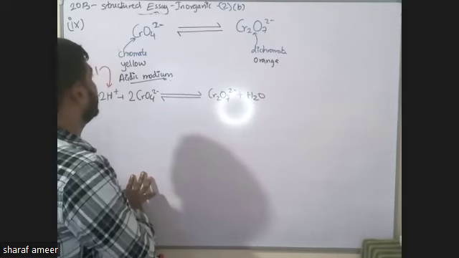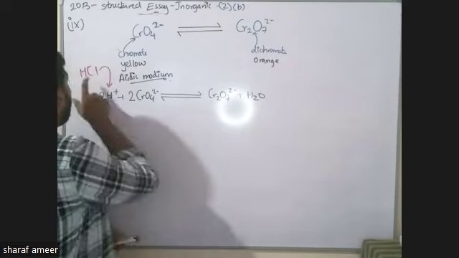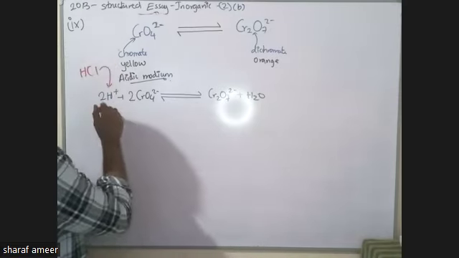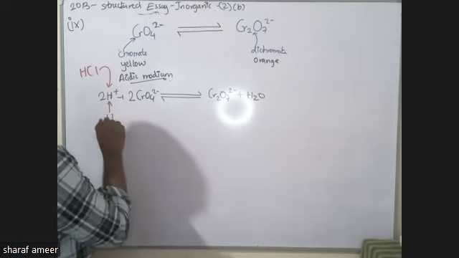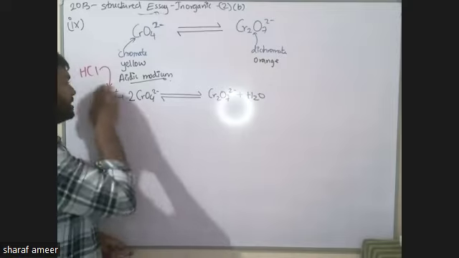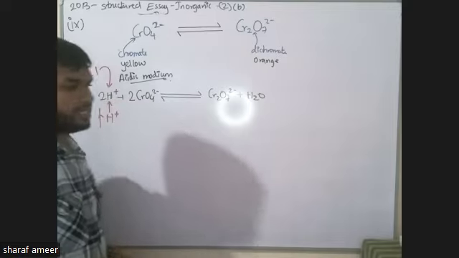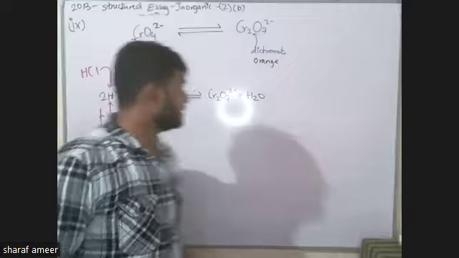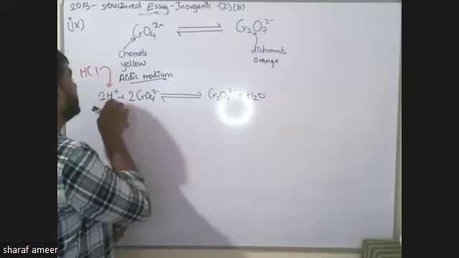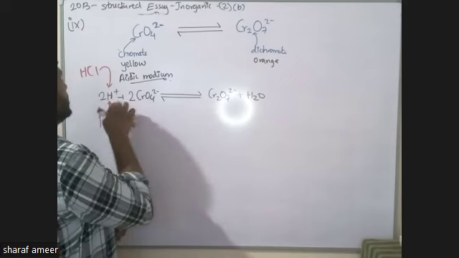Once you add some amount of HCl, H plus is going to be added here. I'm going to increase the amount of HCl, so the total system will be disturbed here.